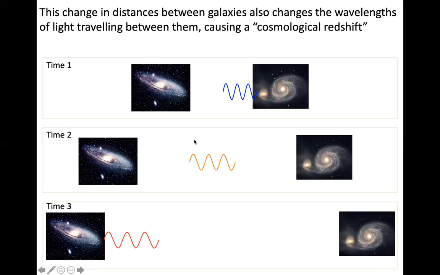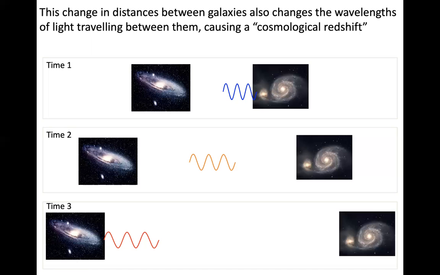As it flew between the galaxies and the distance between the galaxies got bigger and bigger, the distances between the crests of the electromagnetic wave get bigger and bigger, causing the wavelength to increase. So these are no longer shifting because of motion, they're actually literally getting stretched as the geometry of the universe changes. This is what's called universal expansion or cosmological redshift in this particular context.